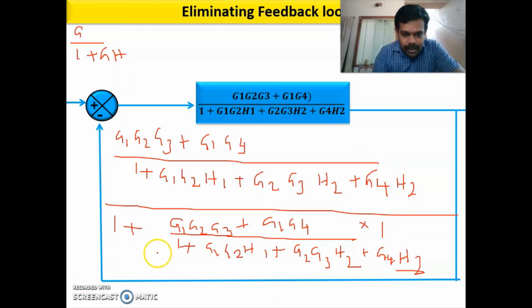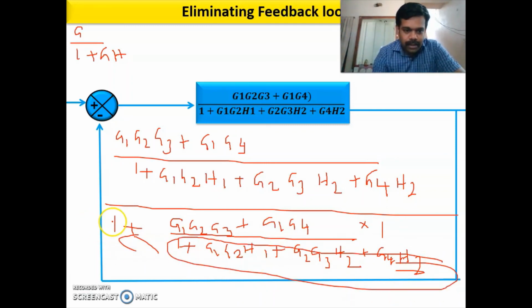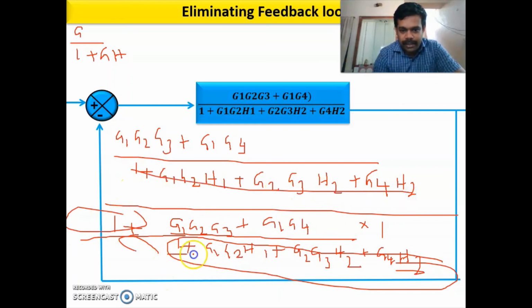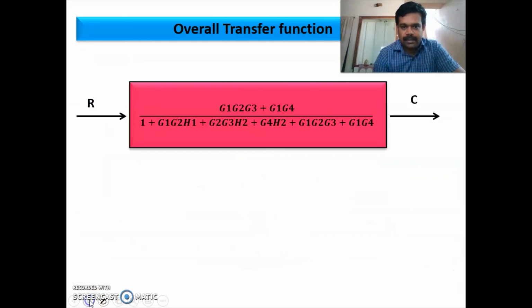Next, what you have to do means you have to take LCM. You have to multiply this denominator with this one. So you can put like this. This term will be coming here. Then you have to cancel this denominator and this denominator, and you'll be getting the expression like this.